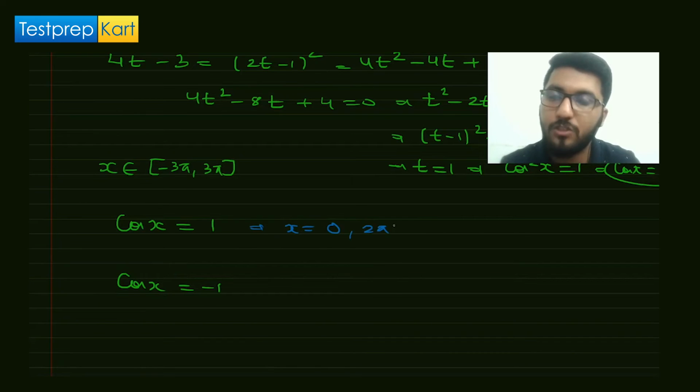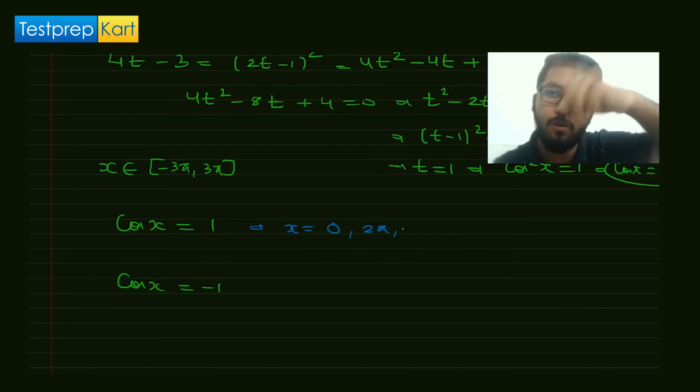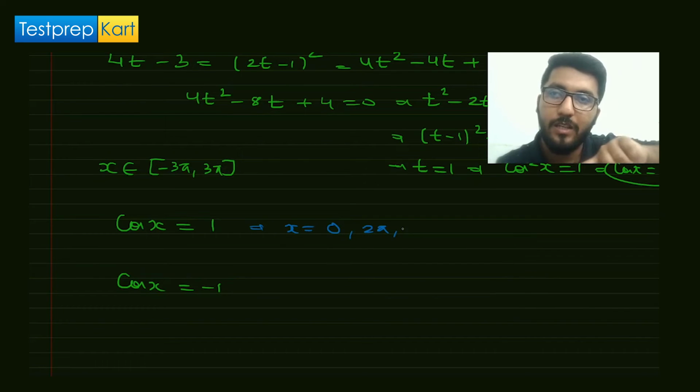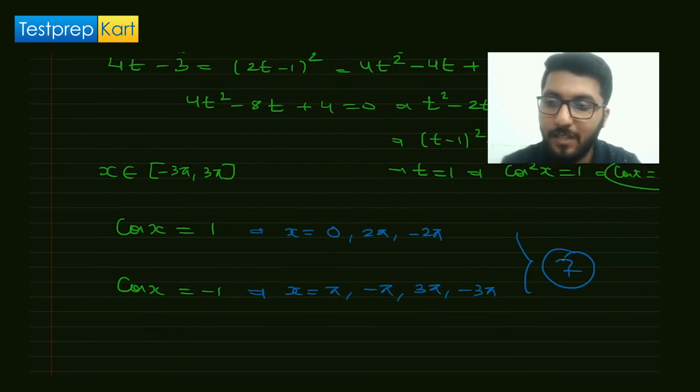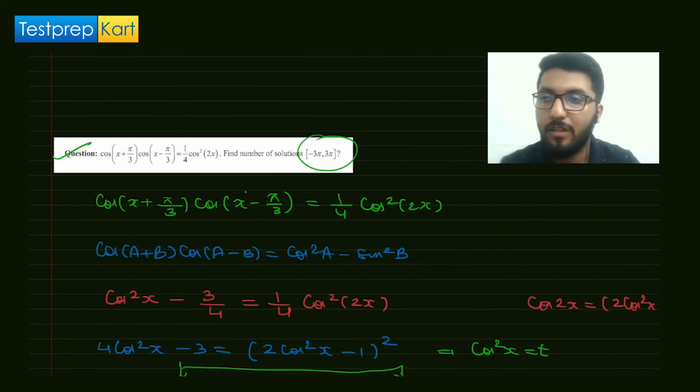We also know that cos 2 pi is 1. If we go one revolution in the anti-clockwise direction, that will give you minus 2 pi. Similarly, for cos x equal to minus 1, the very basic value pi should come to your mind. Also minus pi should be there. And then 3 pi will be there and minus 3 pi will be there. In total, 7 values of x are there for which this particular equation is true.